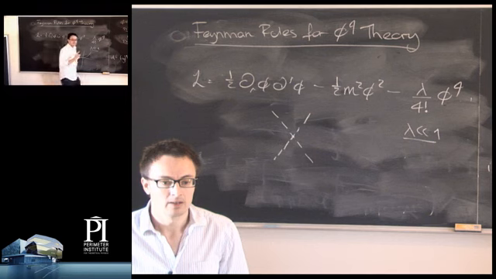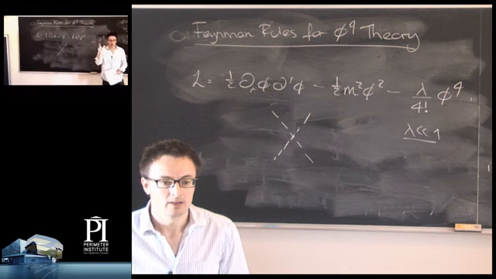I should say that the same problem is actually there in the scalar Yukawa theory. If you plot that potential, the origin is a minimum, but not a global minimum.